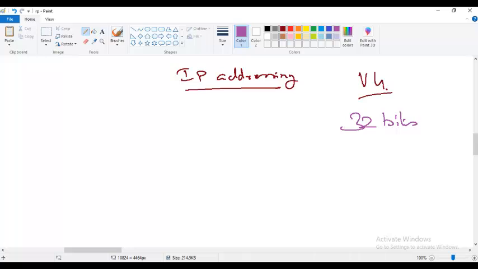Now, this 32-bit binary is used by not only the technical people, even non-technical people.